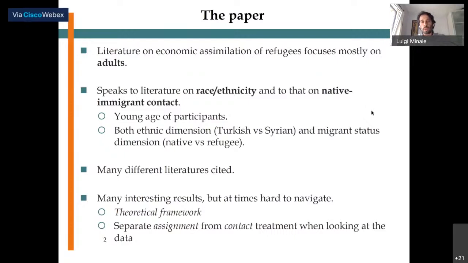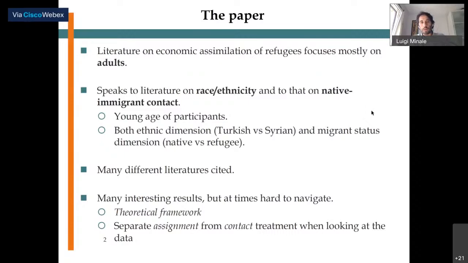In this paper there are both dimensions: the ethnic dimension, Turkish versus Syrian, but also the migrant status dimension, natives versus refugees. I think this is nice, but it also adds a layer of complication to how we should think about the context and the results. And this is related to another comment I have.